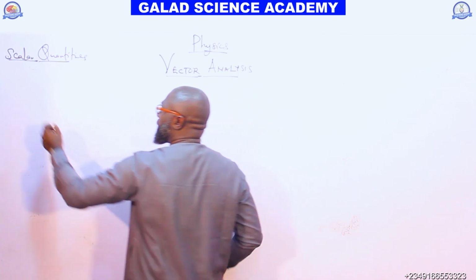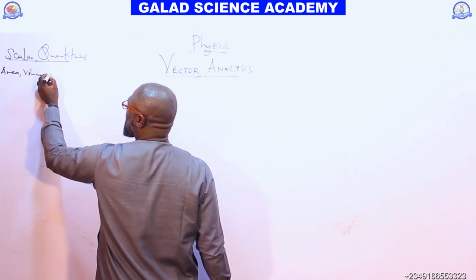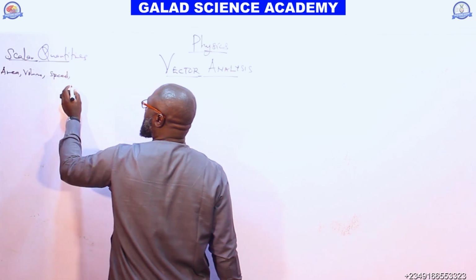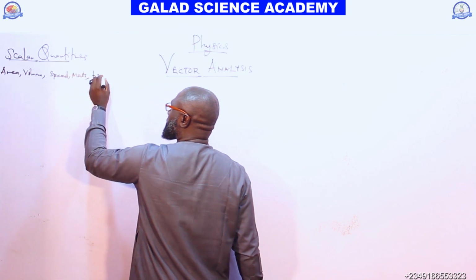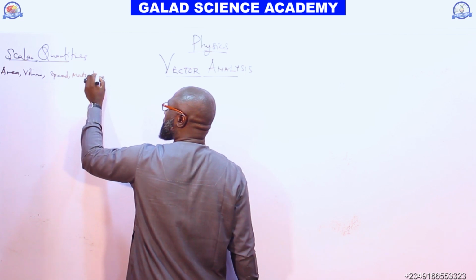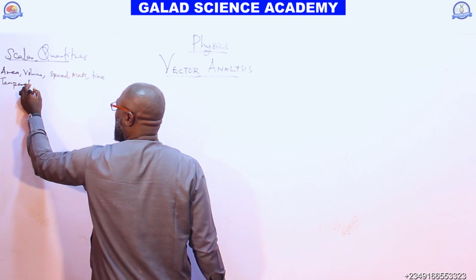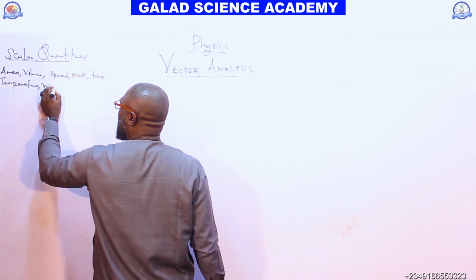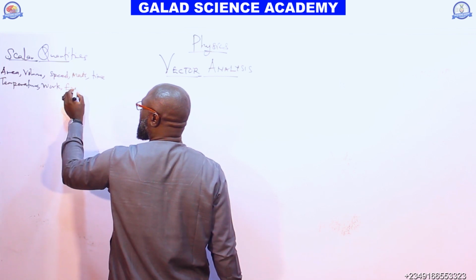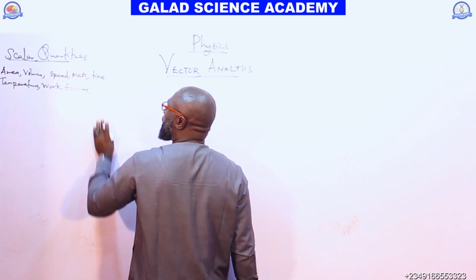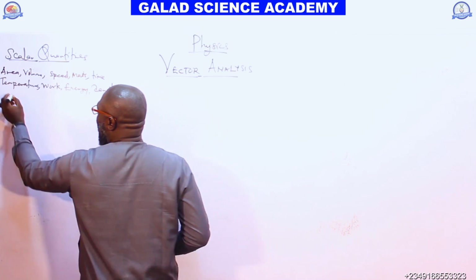Examples of scalar quantity are area, volume, speed, we have mass, time, we have temperature, we have work, we have energy, we have density, we have height.